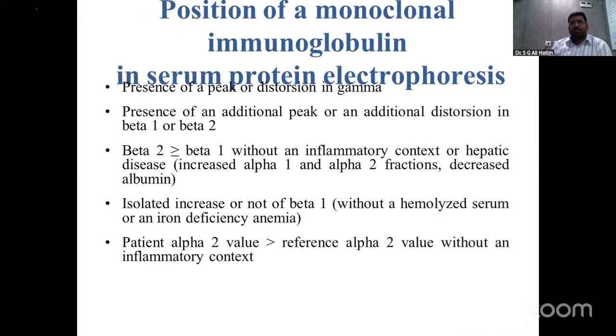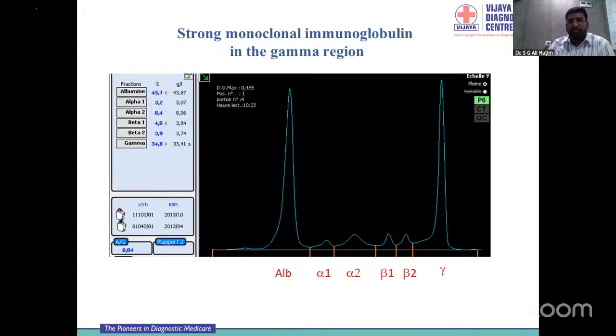Now coming to the position of the monoclonal immunoglobulin. Usually we see the monoclonal peak in the gamma region, but it is possible that we can see peaks in different regions also. This is a strong monoclonal peak you can see in the gamma region. So definitely this could be multiple myeloma, along with the other criteria to be fulfilled.